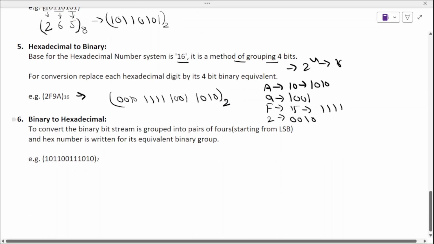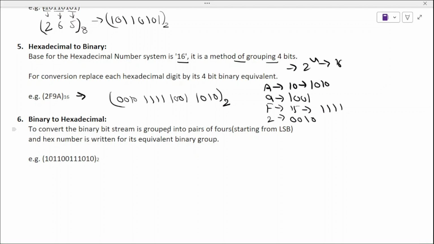Now the last one is binary to hexadecimal. To convert, the binary bit stream is grouped into sets of 4 bits. We'll start from the right-hand side and make groups of 4 bits. This one is the first group, this one is the second group, and this is the last group.